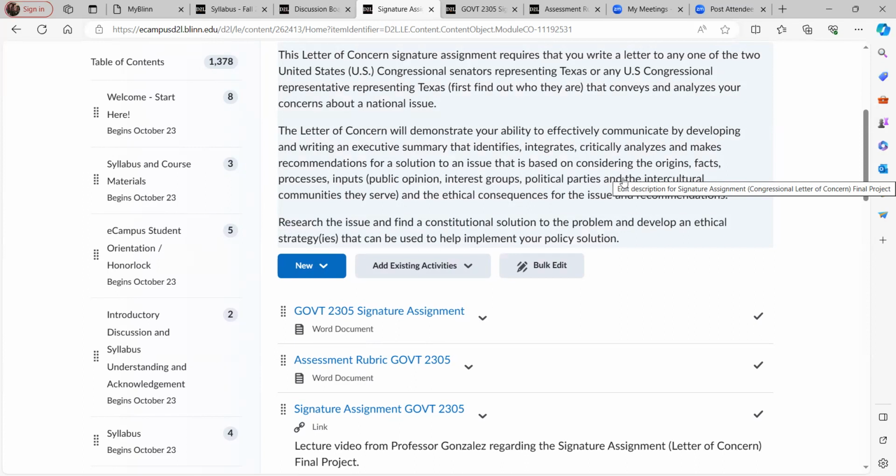I don't know if any of y'all have heard the phrase capstone. This is where it's like a final project where we're going to take everything that we have learned within this class, and we're going to see how well you have learned all these different learning outcomes and learning objectives that we are supposed to be learning in this class, such as public opinion, interest groups, political parties, and things like that.